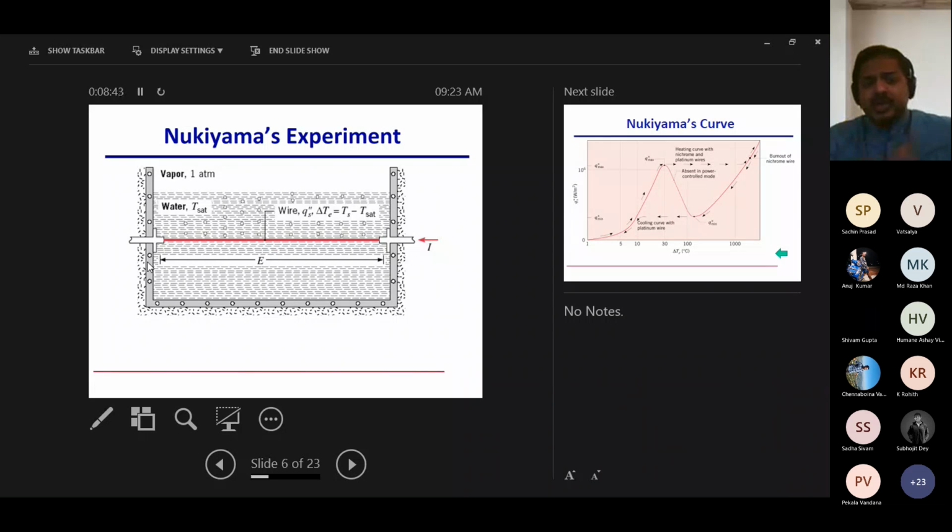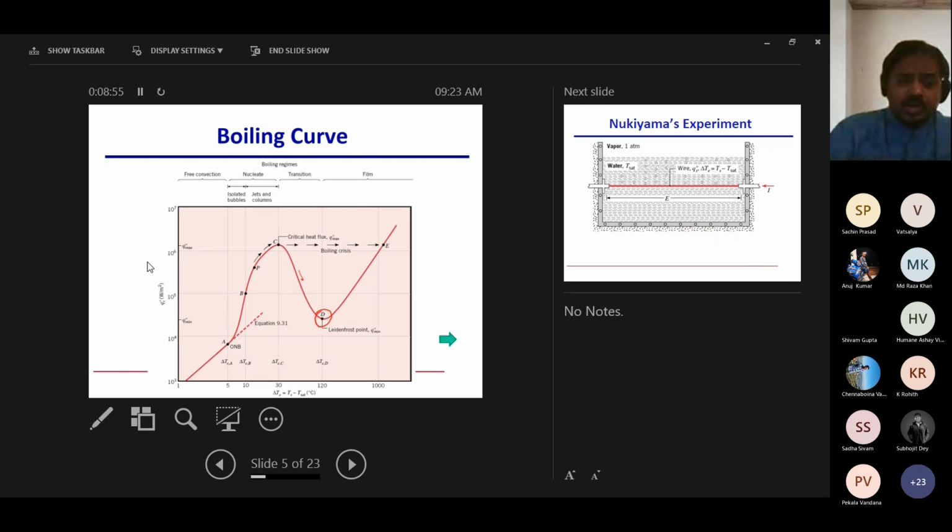So that's how it was a power controlled experiment, and he measured the temperature of the wire. Okay. So therefore, in an actual experiment of Nukiyama, the independent variable was the y-axis. The dependent variable was the x-axis.